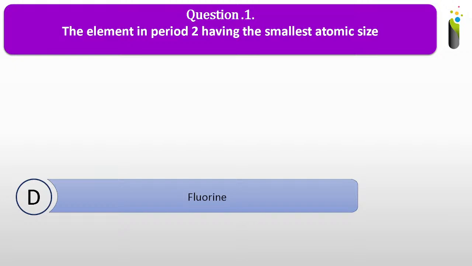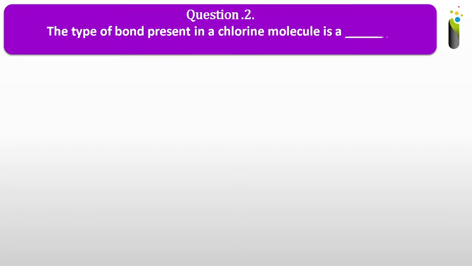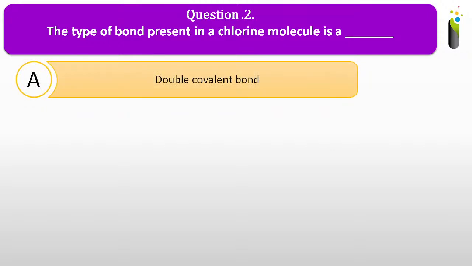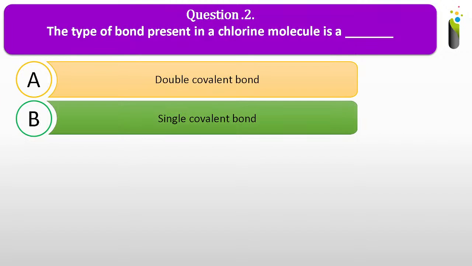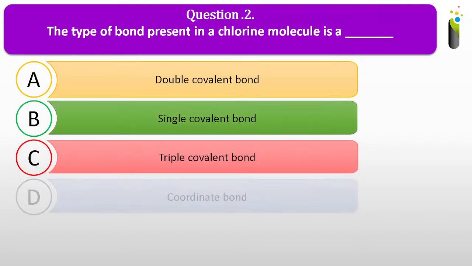Okay. So coming to the next one, question number 2. The type of bond present in a chlorine molecule is a dash. A. Double covalent bond. B. Single covalent bond. C. Triple covalent bond.